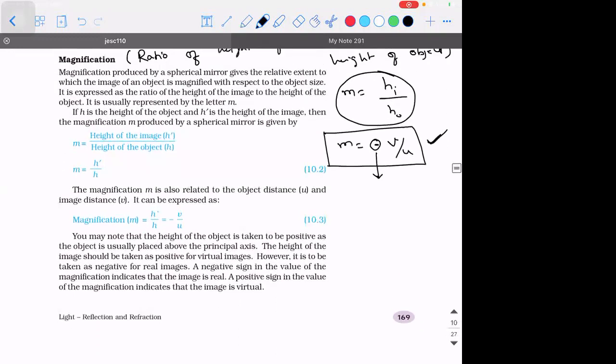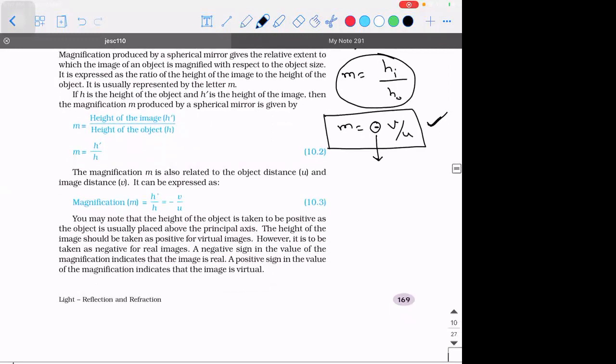Yes, sir. Now I have certain questions. There is an object placed in front of a concave mirror whose magnification is 1. I'm talking about the magnitude, I'm not worried about the negative or positive sign.